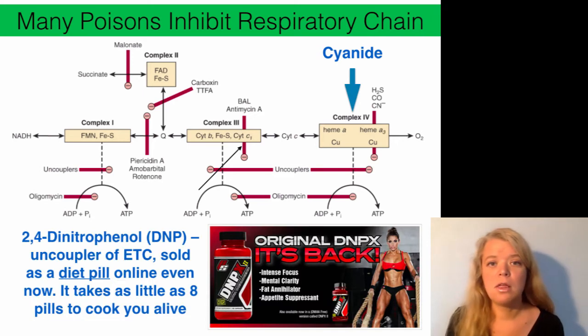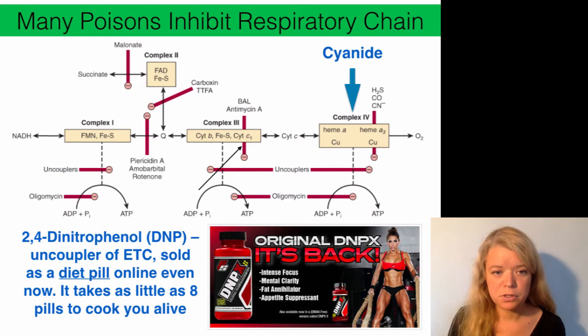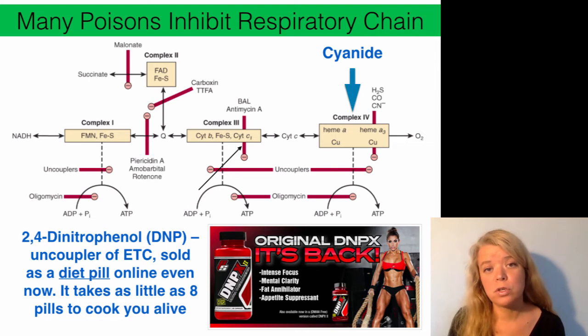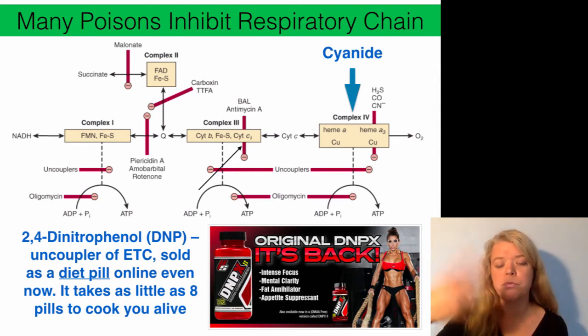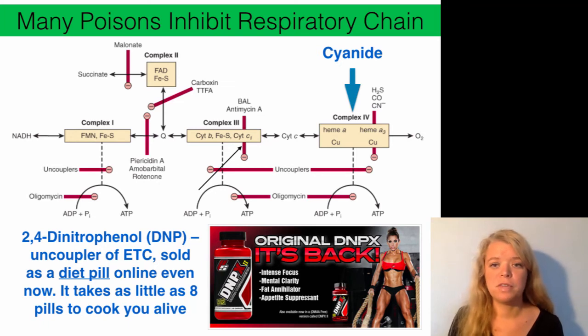Another inhibitor that is very dangerous is an uncoupler of the electron transport chain, which destroys the proton gradient between the matrix and the inner mitochondrial space by allowing protons to get back into the matrix without having to go through the ATP synthase.